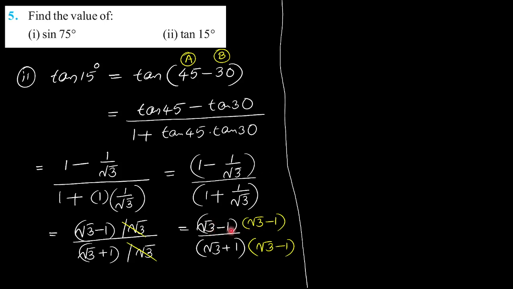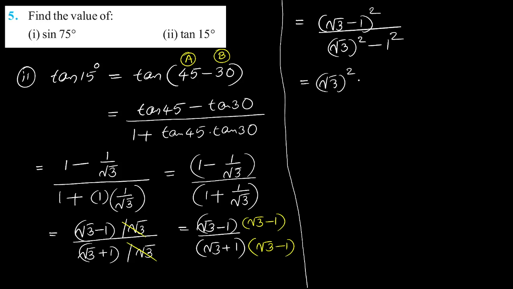Numerator is root 3 minus 1 into root 3 minus 1, root 3 minus 1 whole square. Denominator is A plus B into A minus B, A square minus B square. Understood? So for A minus B whole square, the expansion is A square minus 2AB plus B square.